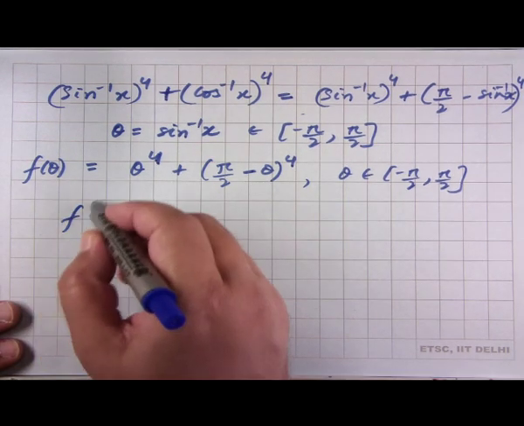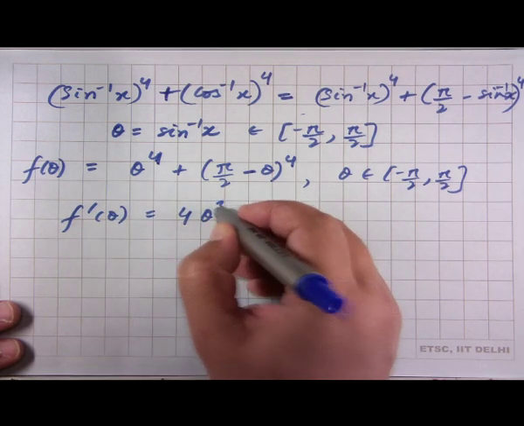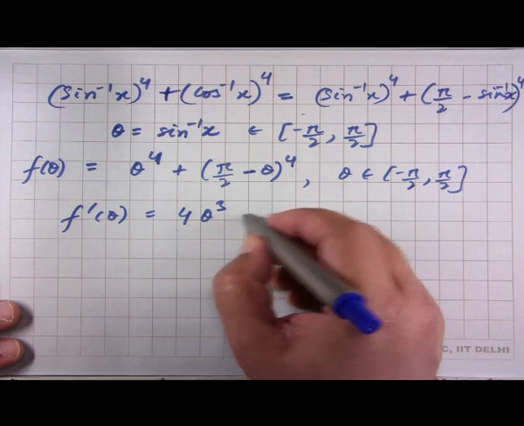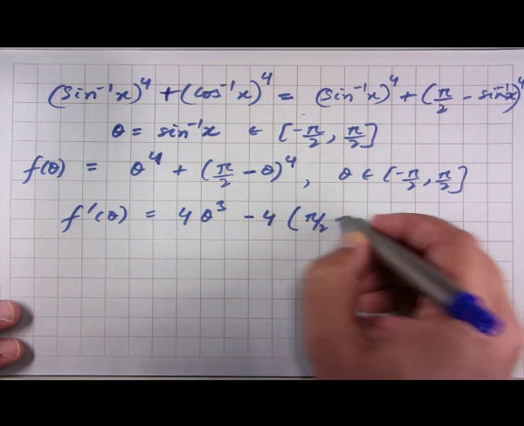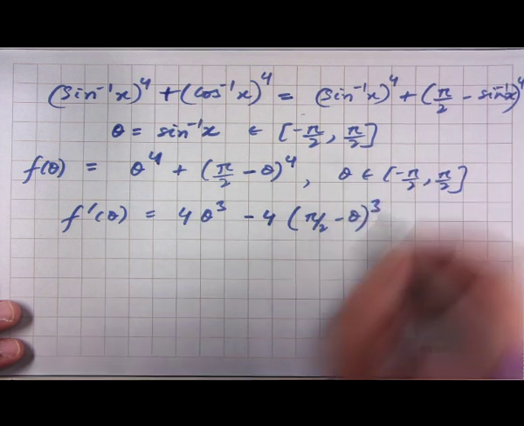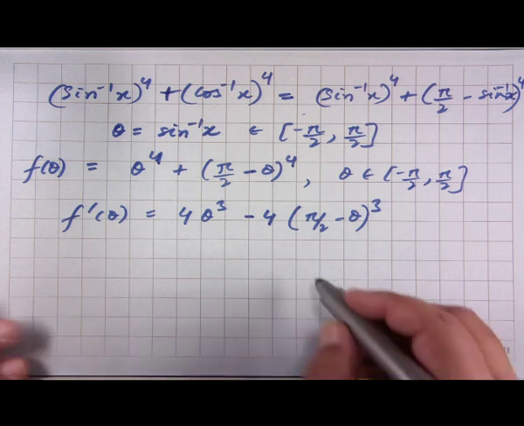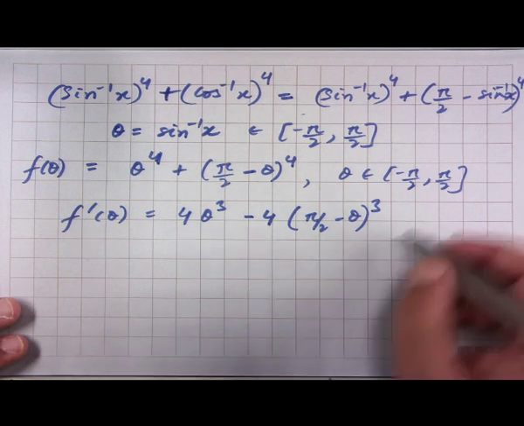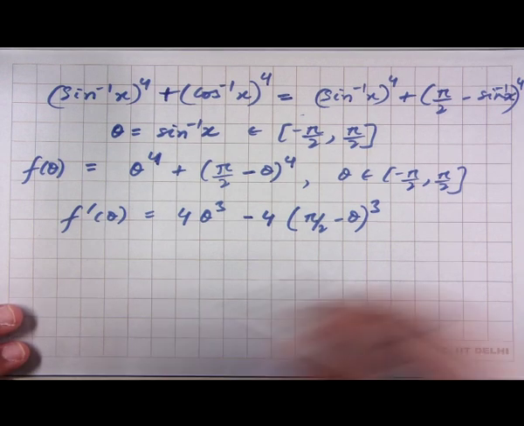The first derivative of f theta is going to be 4 theta cube minus 4 into pi by 2 minus theta cube. So, this is the first derivative, and to find the extremum points we have to equate this to 0.